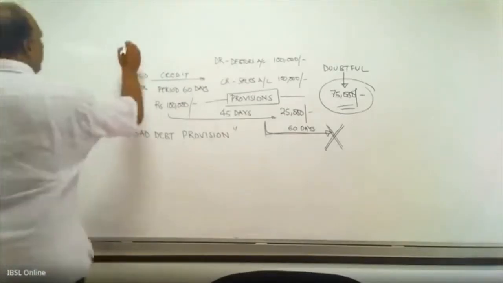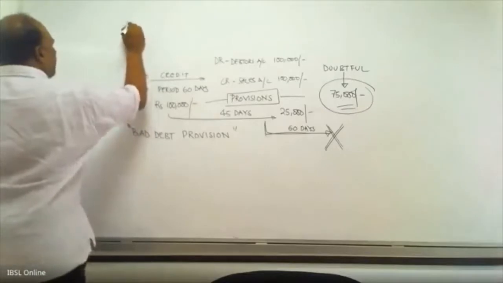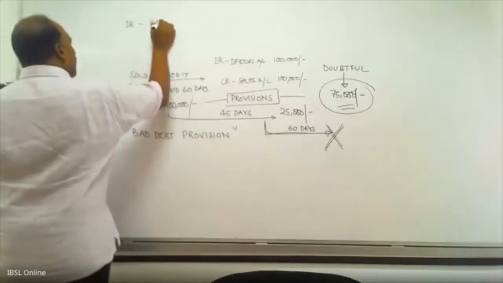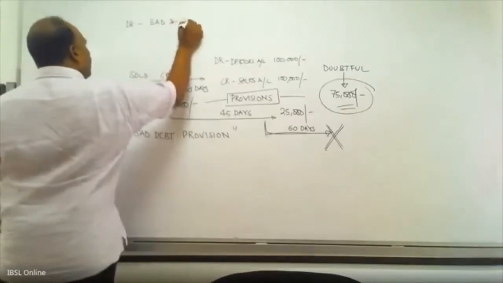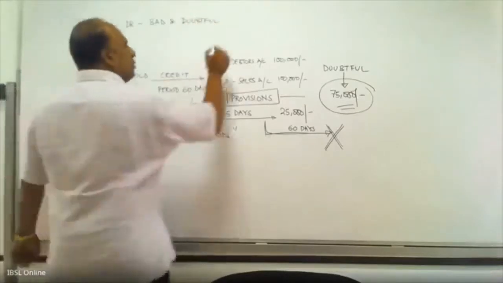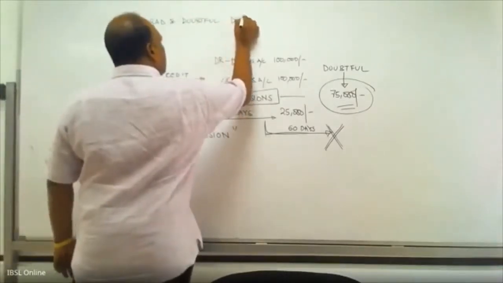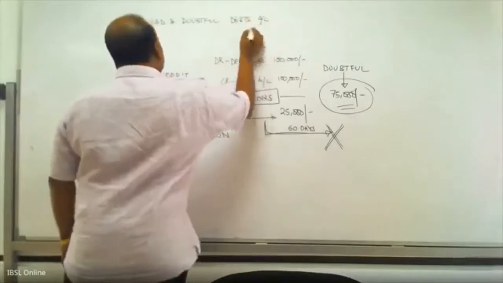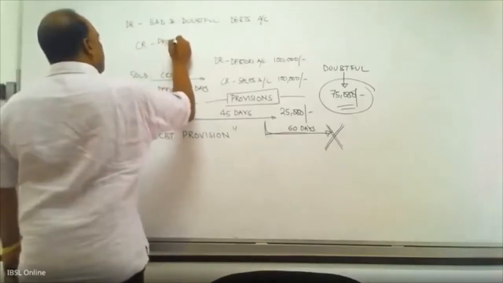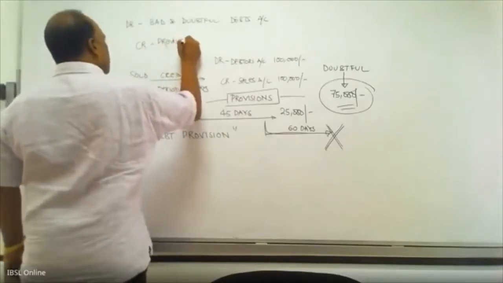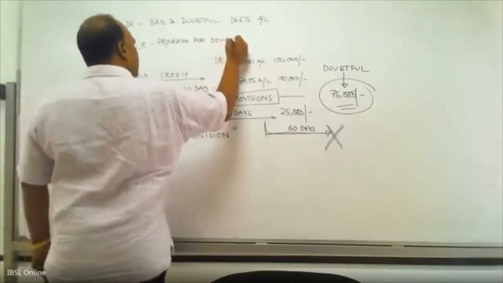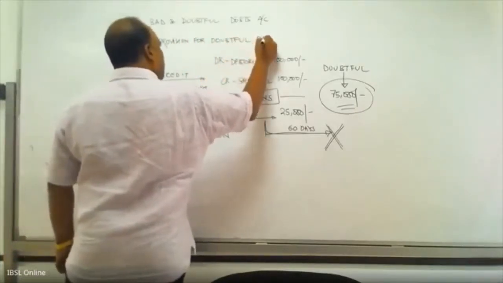You will make a provision by debiting the bad and doubtful debts account and crediting the provision for doubtful debts.